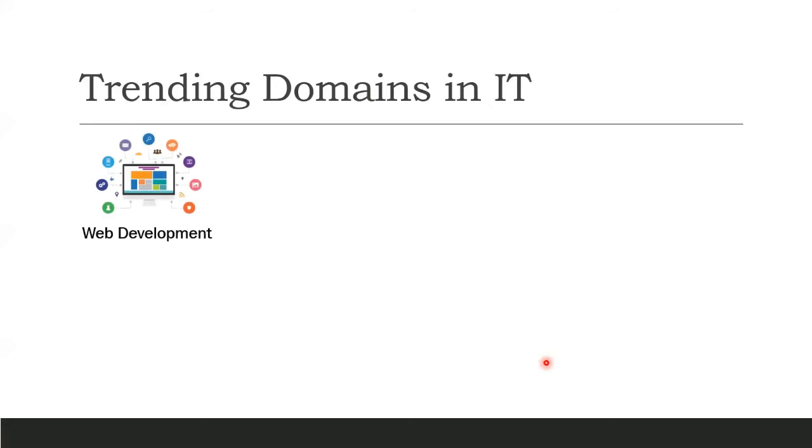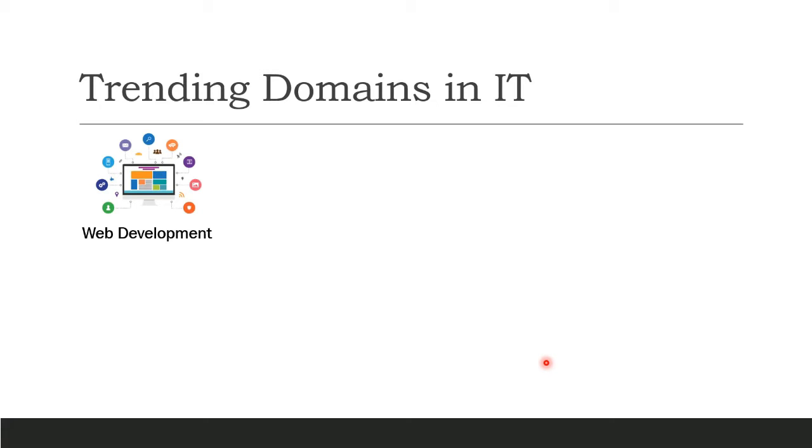Number 1 is web development. Web development refers to making online websites and services that can carry out a specific function and facilitate specific services to the people who are working with it.